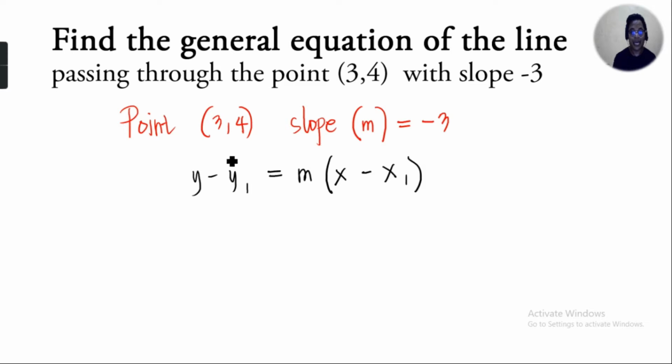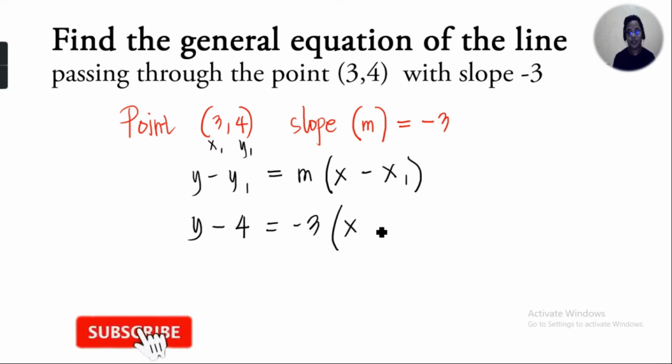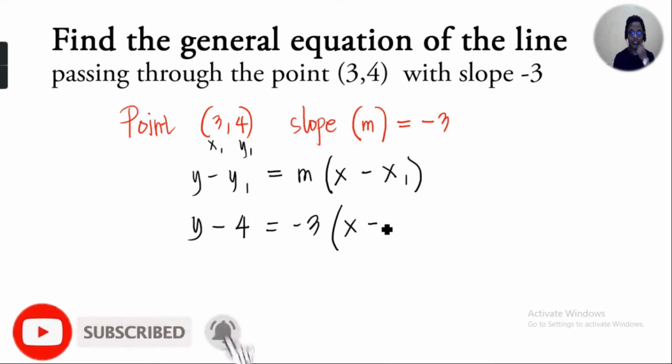Using the point, ito yung ating maging x sub 1, y sub 1, and the slope m. So substitute the formula. We have y minus 4, which is equal to our y sub 1, is equal to negative 3 for our slope times the quantity x minus x sub 1, which is 3.